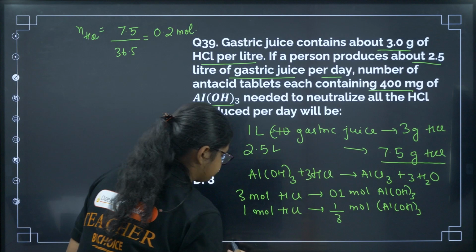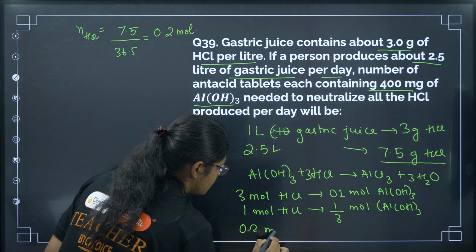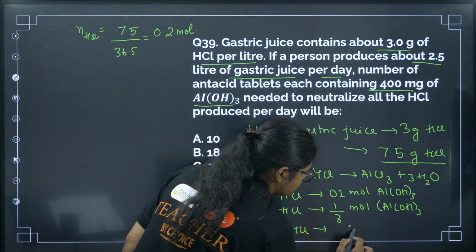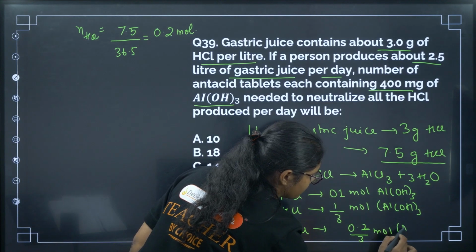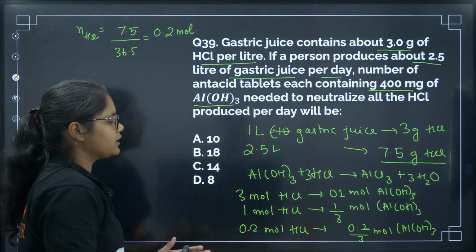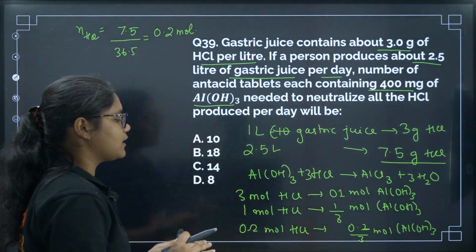Right. Now, if we have 0.2 moles, right? So, 0.2 moles of HCl will be equal to 0.2 by 3 moles of aluminum hydroxide. Right. So, now what is the total number of moles of aluminum hydroxide? That is 0.2 by 3. Now, we can convert it into mass.